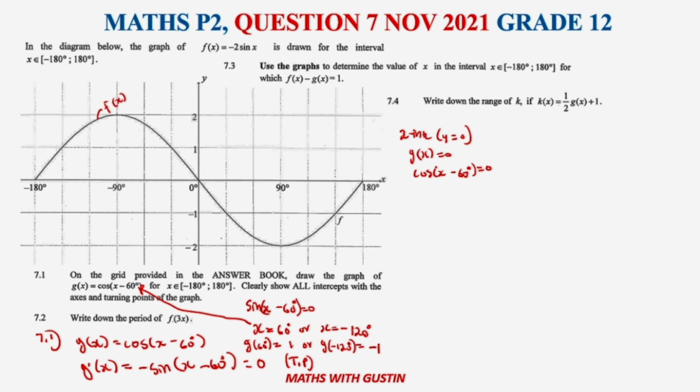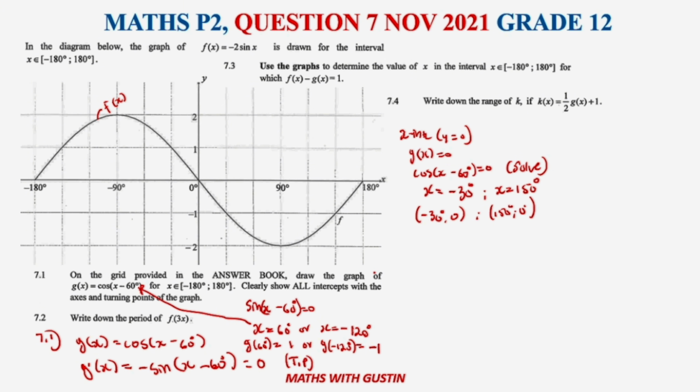For when y is equal to 0, x will be -30. That's what I'm getting. Here you need to solve for x. I'm not going to show that here for the sake of space, but I know you already know how to do that. Therefore x is also equal to 150. So our x-intercepts are at -30 degrees and 150 degrees, where y is 0.